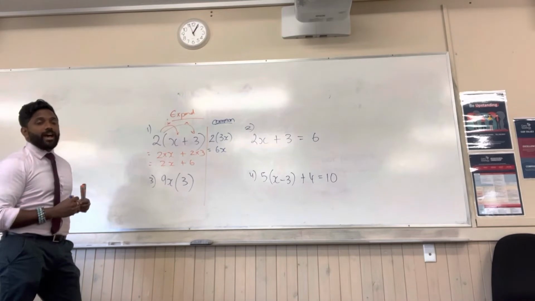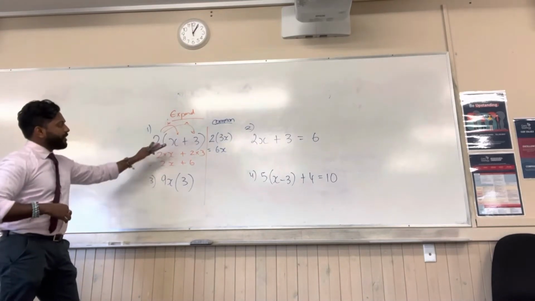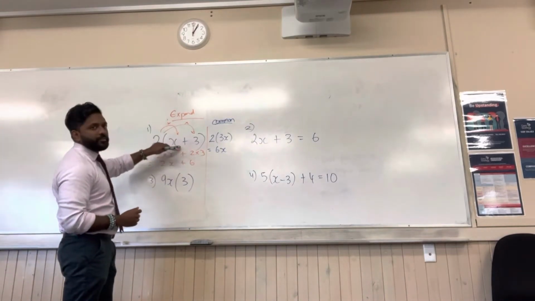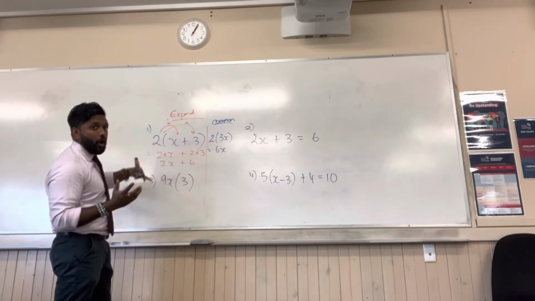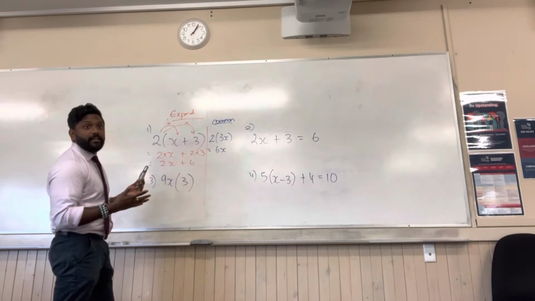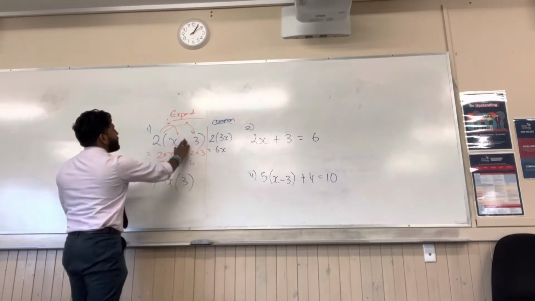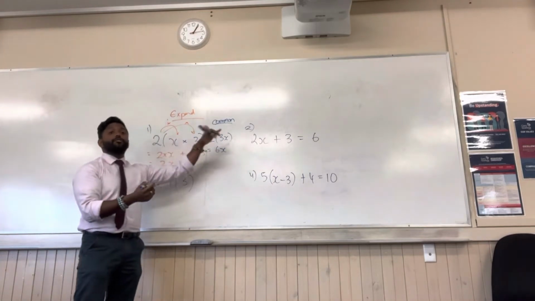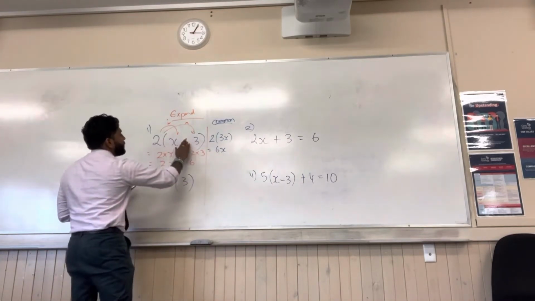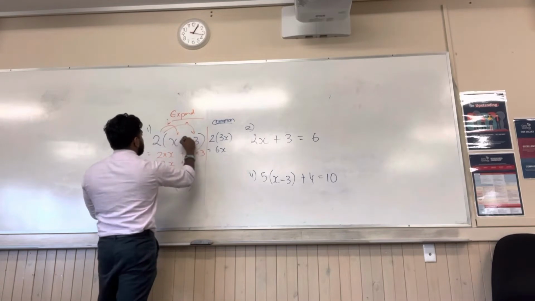What's the operation between x and the 3? Adding. Can you add them together? No. So it's just going to be x plus 3. If it says x times 3, yeah, you could do that. That's then 2 times 3x. But in this scenario, it's just going to be that.